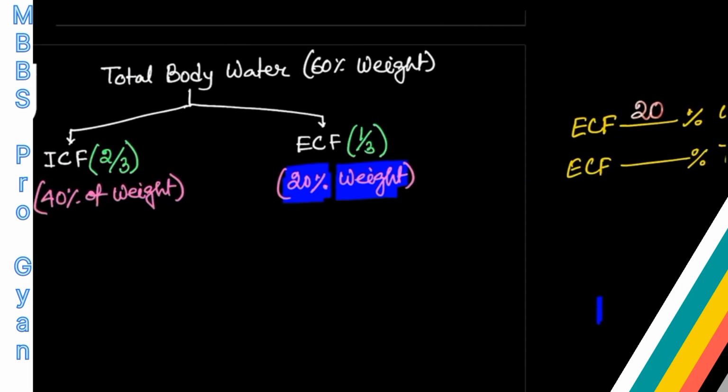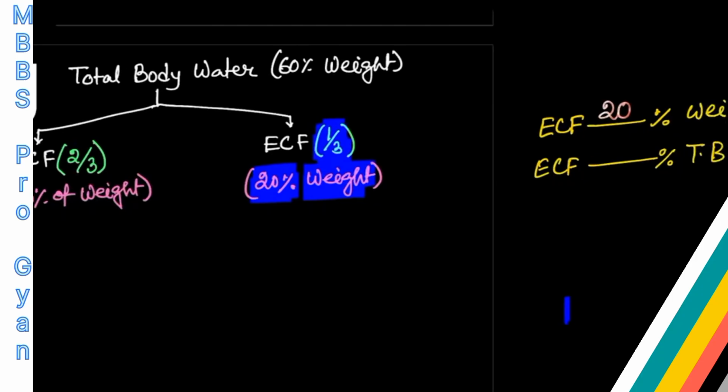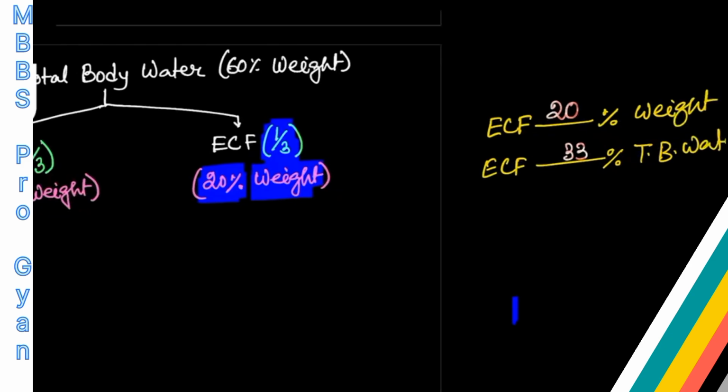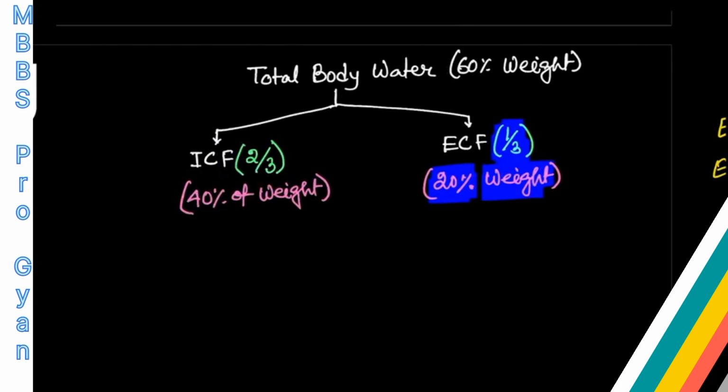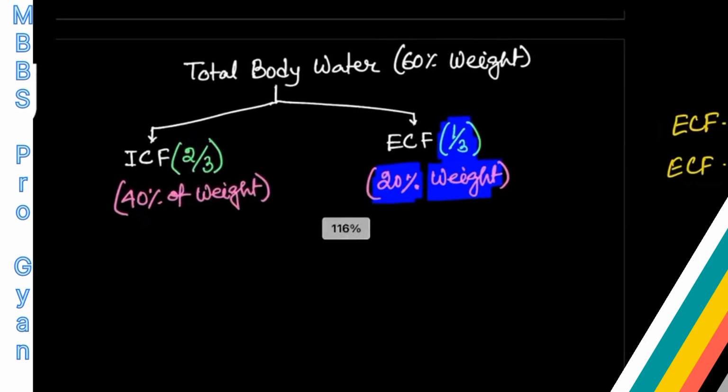Here we have discussed that ECF is 1/3 of the total body water. So 1/3 means 33%. So the answer of this second question will be 33% of total body water. Getting my point? Very simple thing, but sometimes mistakes can happen.